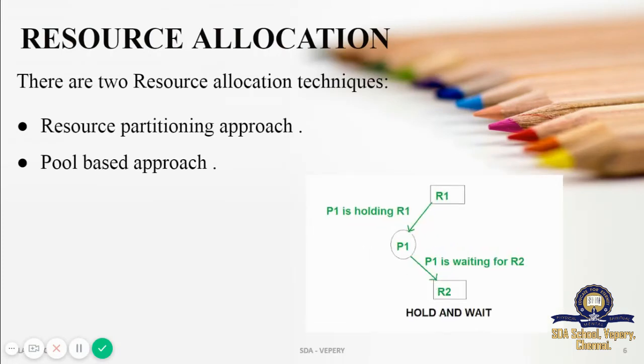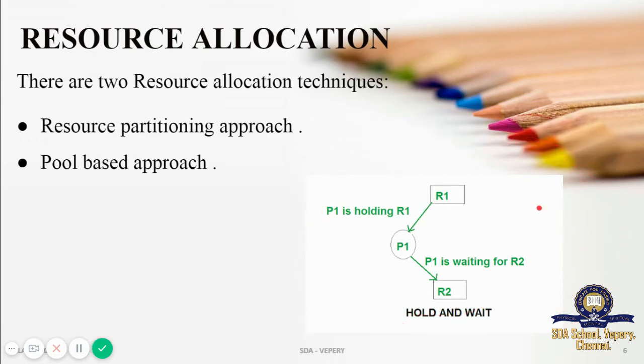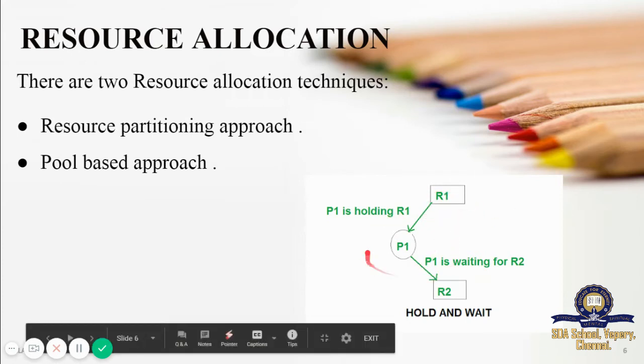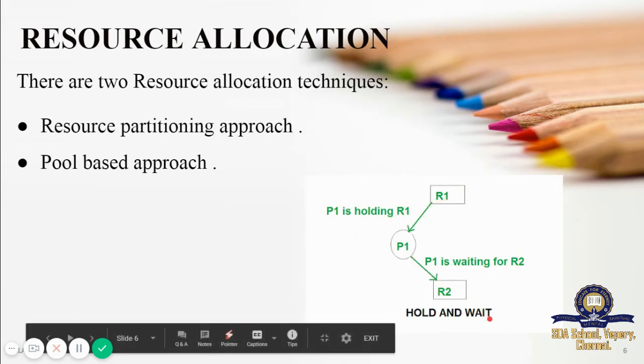Okay, need not wait. For example, this is one sample for you. This is called resources and this is your process. When process 1 is holding resource 1, it is requesting resource 2. So what happens to resource 2?